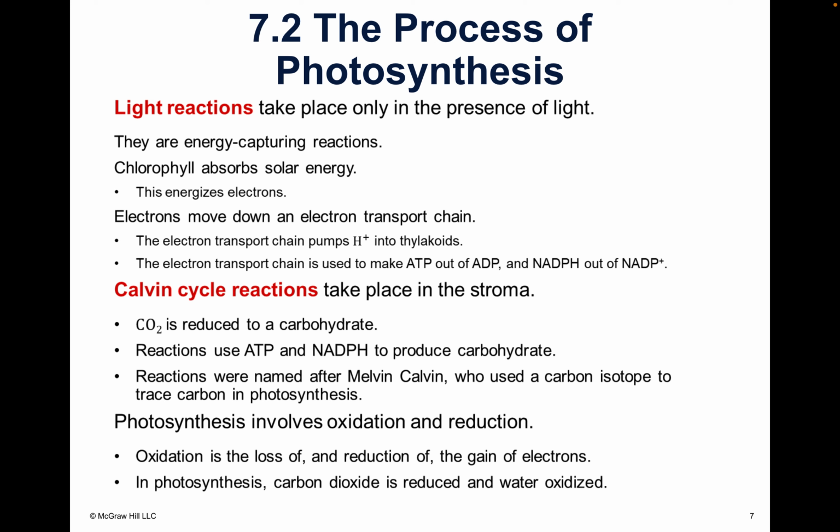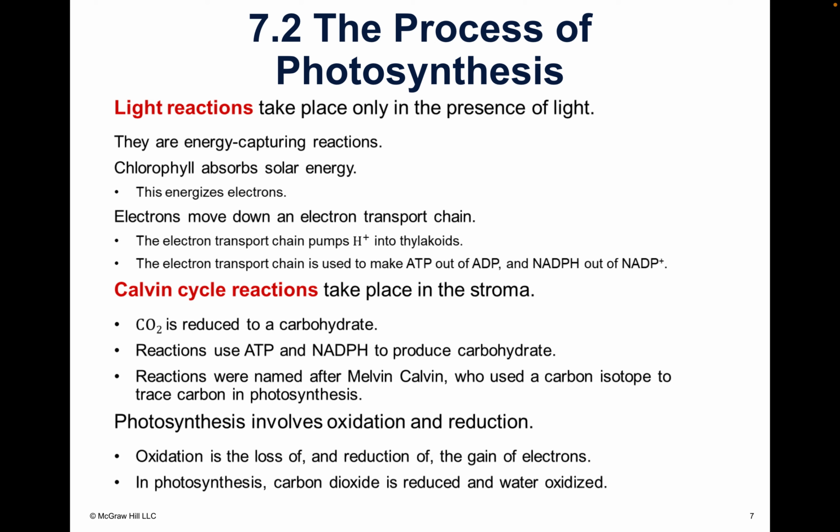So this chlorophyll absorbs, remember the chlorophyll is in the chloroplast, they absorb solar energy. And when they absorb that solar energy, they energize the little electrons that are in there. So then the electrons move down an electron transport chain.